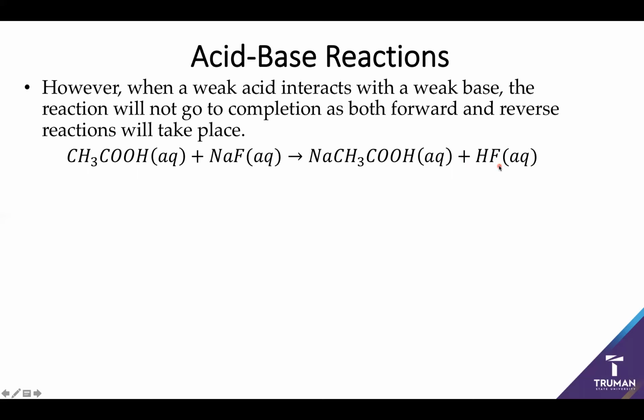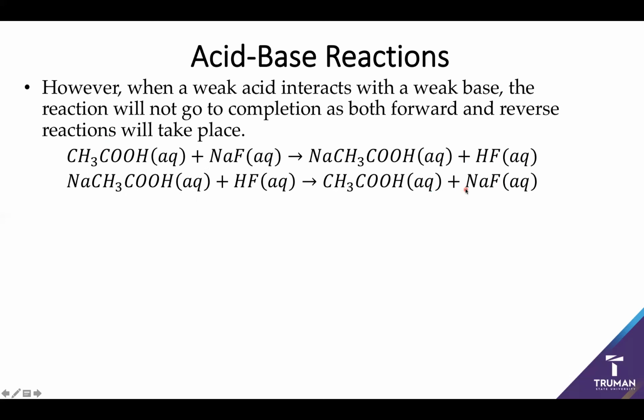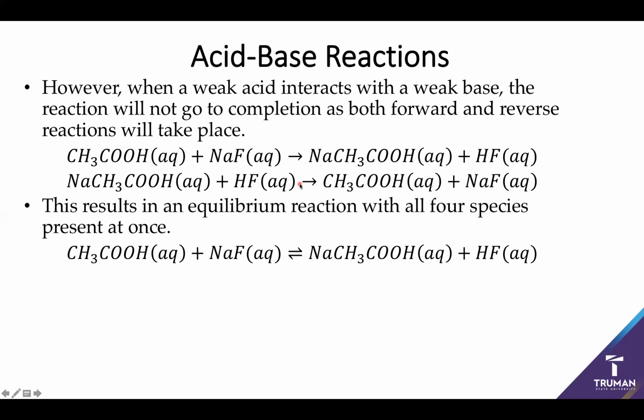However, because I have a weak acid and a weak base as a product, it means it can also go in the reverse direction. So this is a common complicating factor whenever I have a weak acid and a weak base, is the reaction goes back and forth and can really be best described as an equilibrium reaction. And all 4 of these species will be present at once.